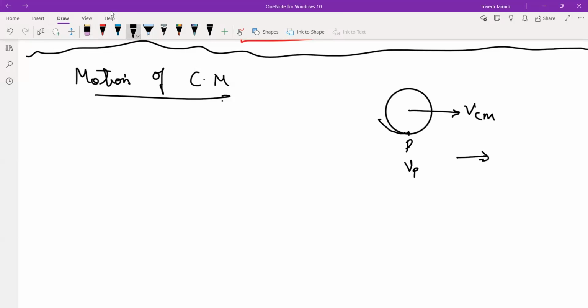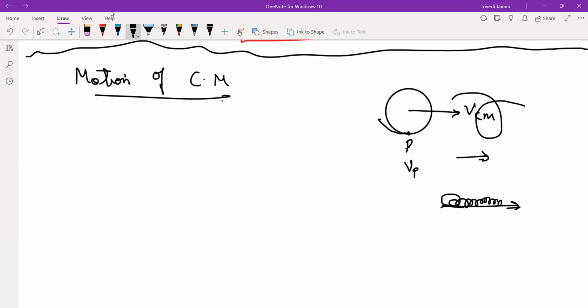The ball is moving in this direction and rolling like that. If you imagine it in slow movement, it moves like that, it does not drag. Yeah, it rolls like that.